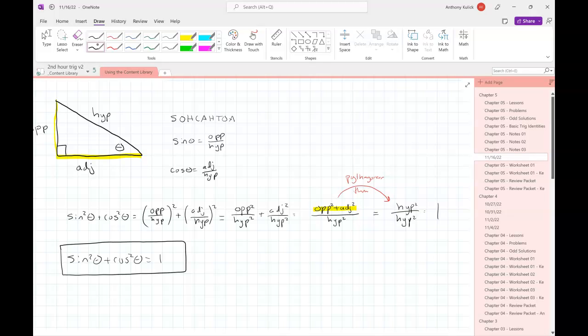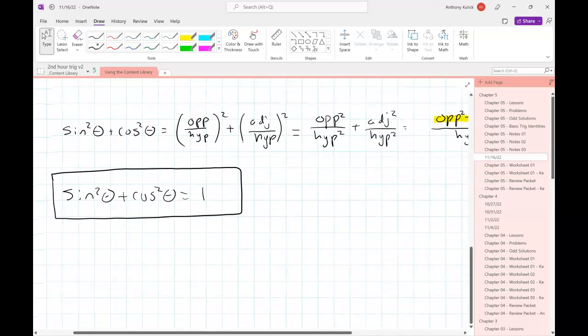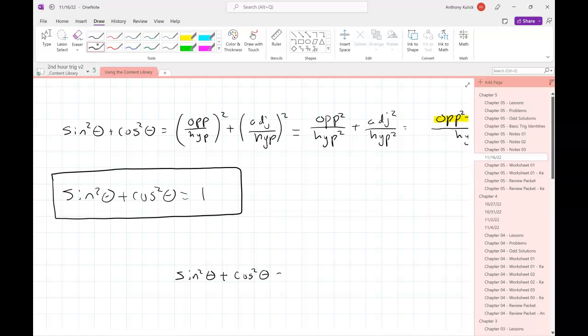Okay? If I start with this identity now, let's see what happens if I divide both sides of the equation by sine squared theta.